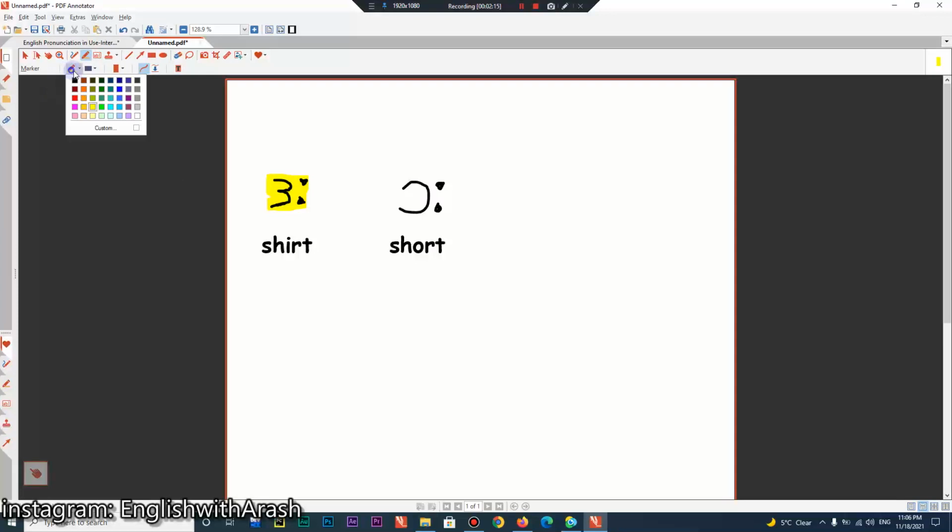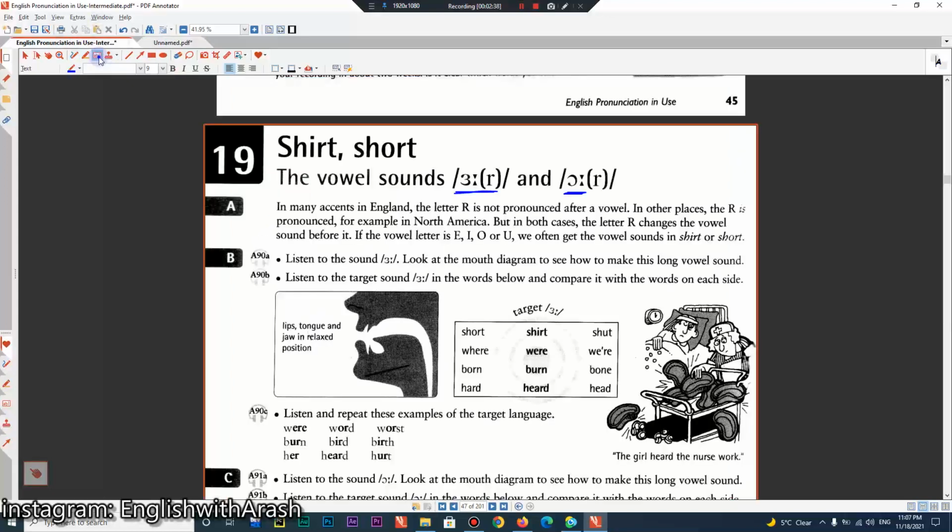Say shirt. But this one is the O sound. So this one is pronounced short. My lips are rounded when I'm saying them. On the left, shirt. On the right, short.